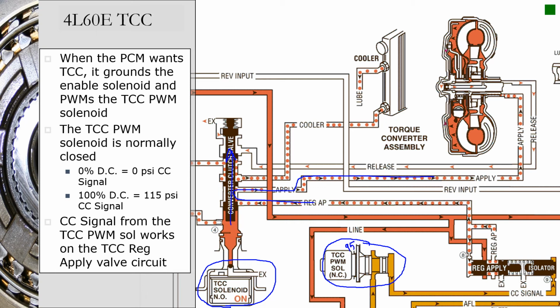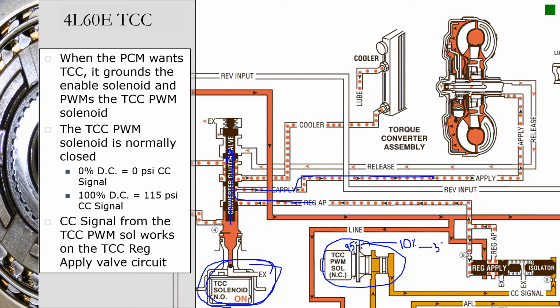We'll see it just sitting there, and the reason why is they'll have this whole circuit primed with pressure, ready to go. And then as soon as they want this torque converter clutch to apply, just before they turn the enable solenoid on, you'll see the PWM drop from like 95% all the way down to like 10% or so. And then once the enable solenoid's on, they'll ramp it up to about 30%.